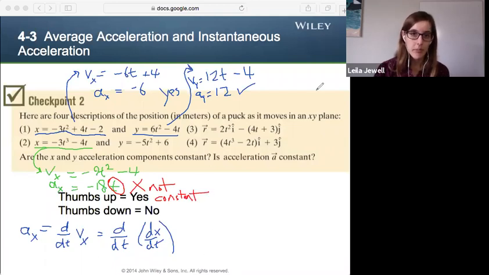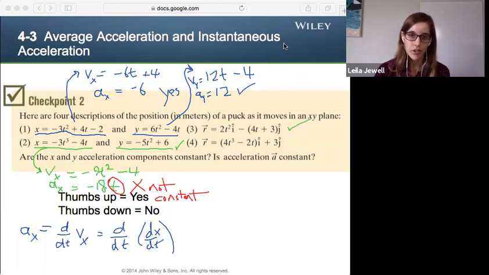So that's the basic idea. You can double check it with 3 and 4. What you'll notice is that with the y, by the way, sorry, I should finish this one. With the y, because it's raised to the second power, it will check out as being constant. So that one's okay. You'll see with number 3 that because it's raised to the second power, the second derivative will be constant as time passes.